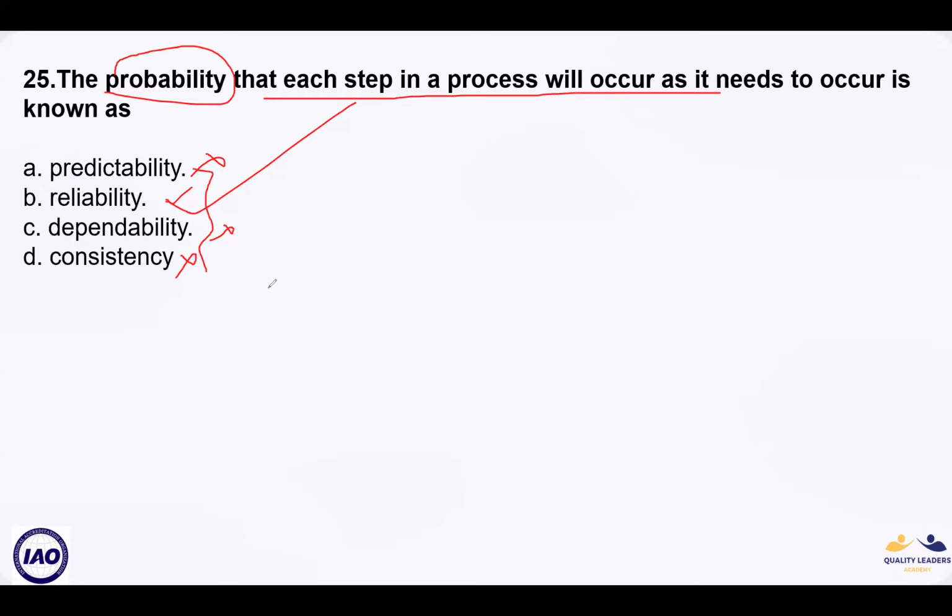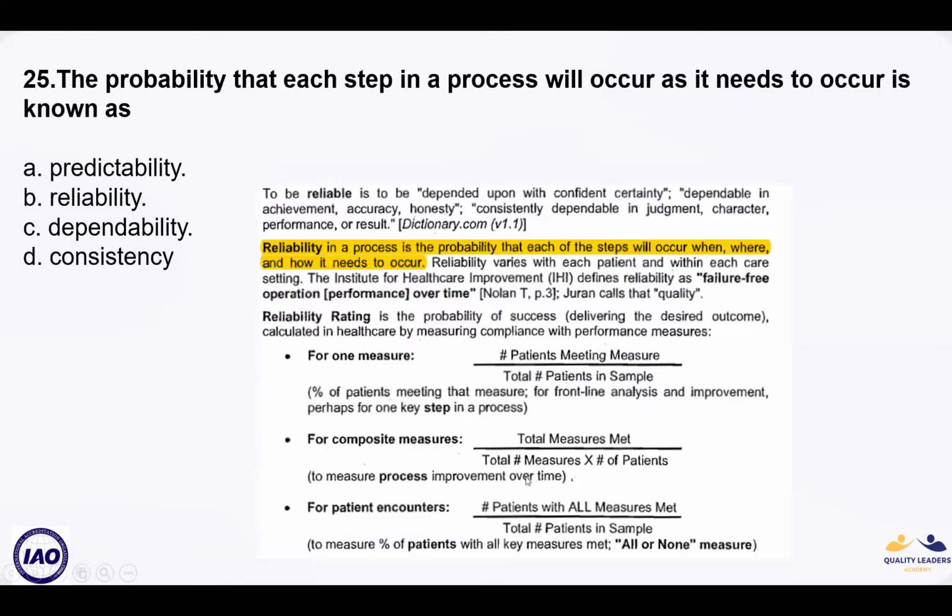If each step is performed correctly only 95% of the time, the probability of all 10 steps occurring perfectly comes only to somewhere around 60%. Okay. We will learn this particular thing in data analysis. So until then, just remember the definition of reliability itself. These measurements we will get to know later on.